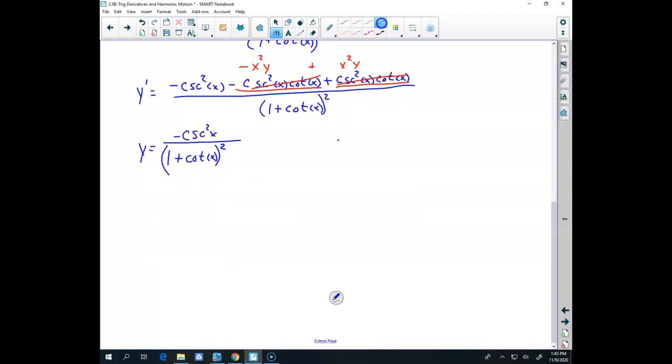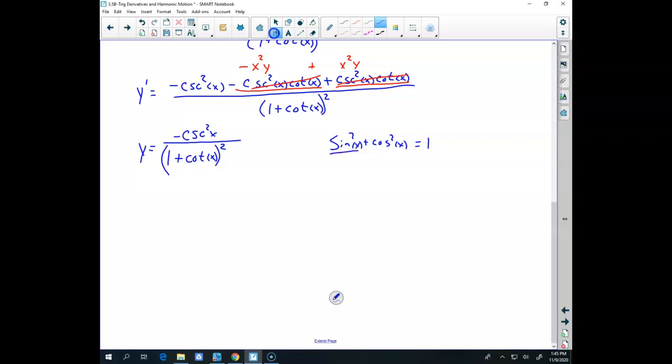Well, it would bring me to what I would think about Pythagorean-wise. Okay, I know the sine squared plus the cosine squared, I better put my x's in there, I know that equals 1. Okay, so if I need a cosecant, how am I going to get a cosecant? I'm going to divide everything.